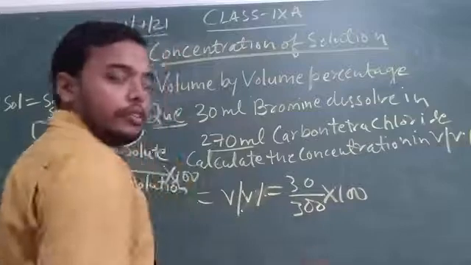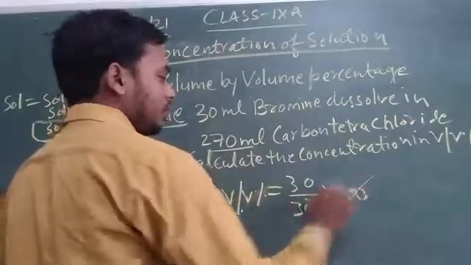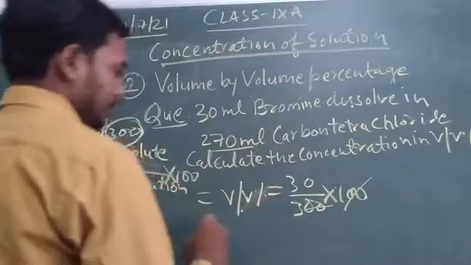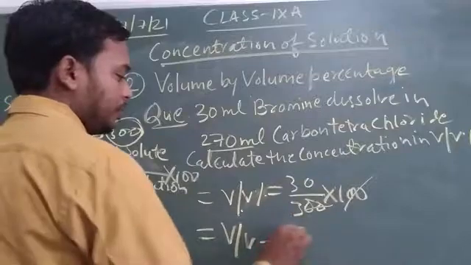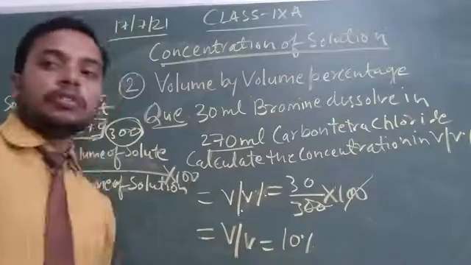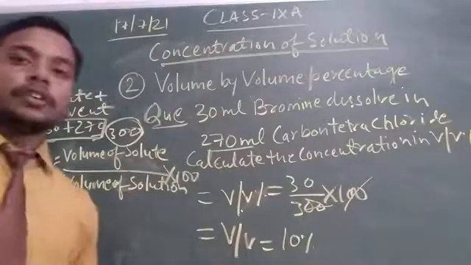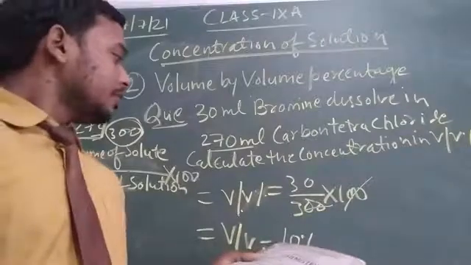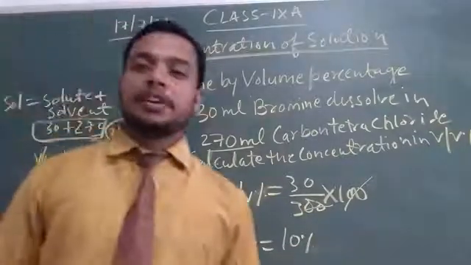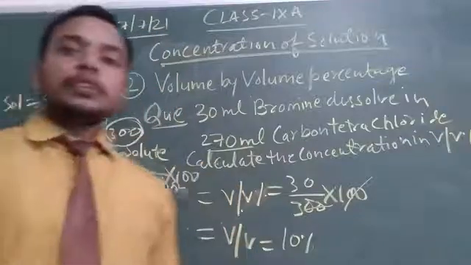So the zeros cancel, and volume by volume percentage is equal to 10%. So in this way we can calculate the concentration of solution in terms of volume by volume percentage.